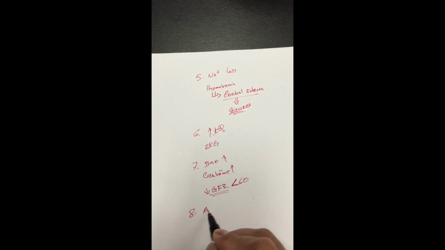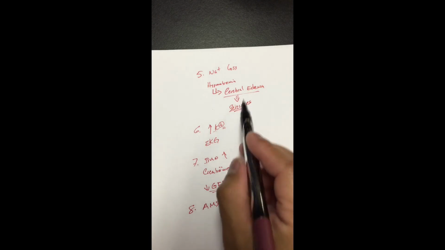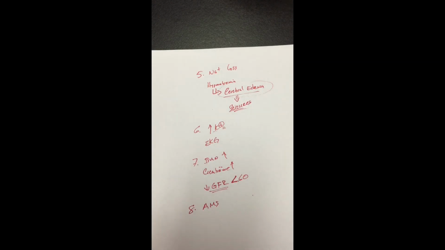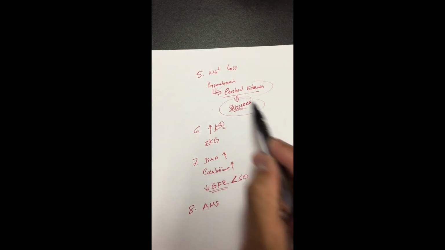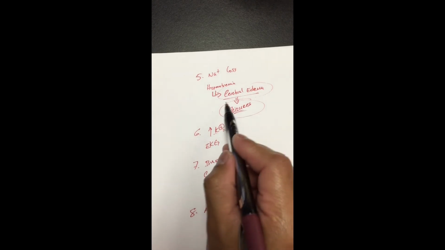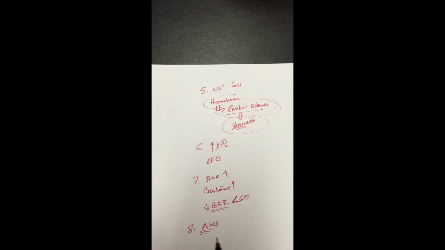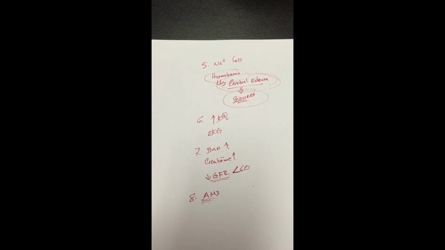Number 8, altered mental status. And we talked about how you would have that due to this cerebral edema. Again, you're always going to be monitoring for seizures. And not only is hyponatremia going to be causing the altered mental status, but remember also you're going to have changes with the pleural edema.